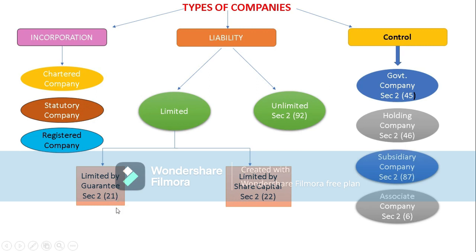So at the time of winding up, as he guaranteed 5,000, he should pay 5,000, even though he is not liable towards the share capital because he paid the full 10,000. Therefore he has to pay the 5,000 guaranteed by that particular member. So this is about limited by guarantee.